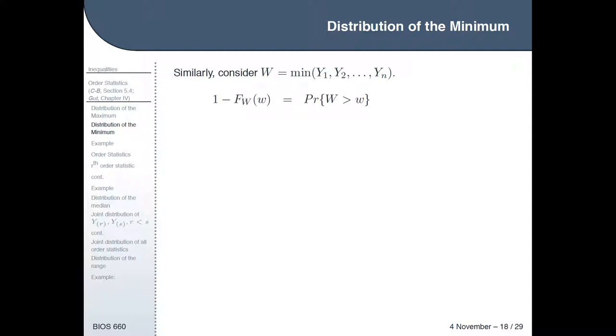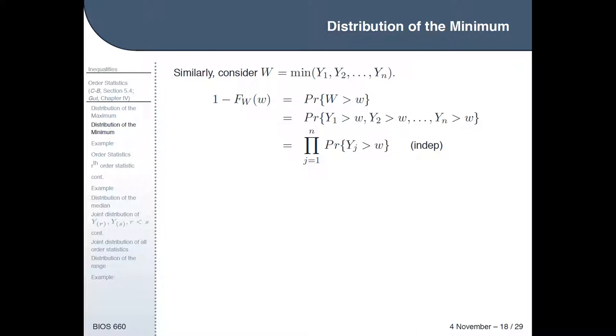The simplest way to do that is that 1 minus the CDF is of course the probability that the minimum is greater than some value, which is the probability that the first one is greater than that value, and the second one, and the third, and so on.